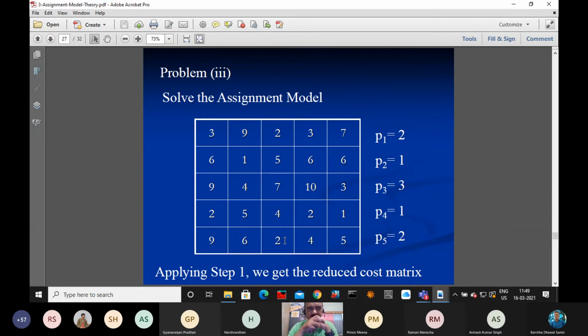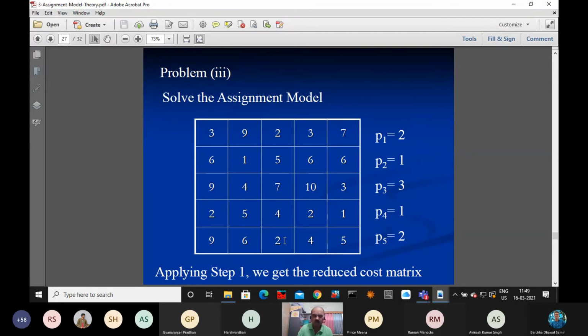Hello? Does anybody have any problem? See, this is the last problem here.